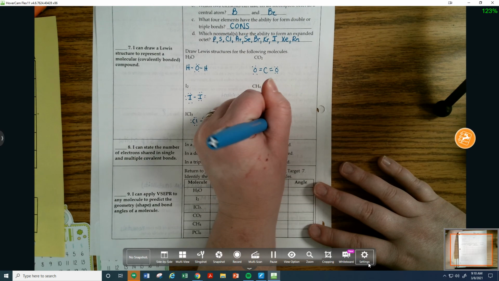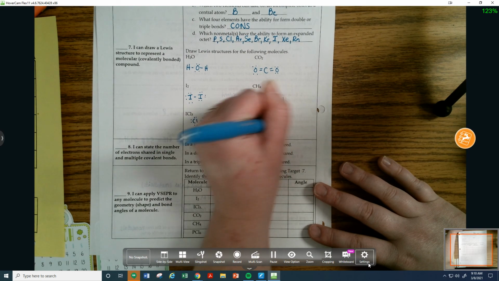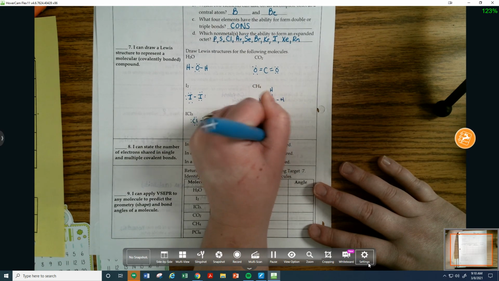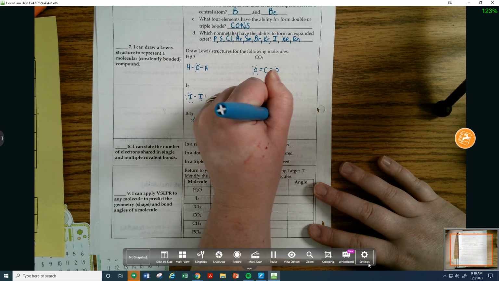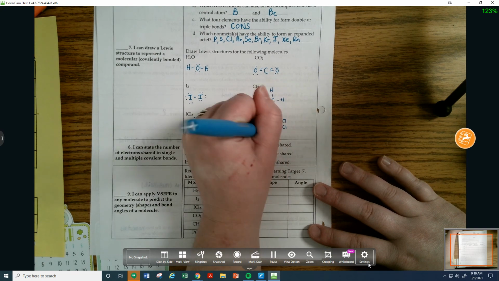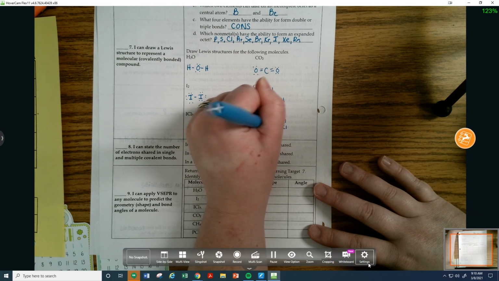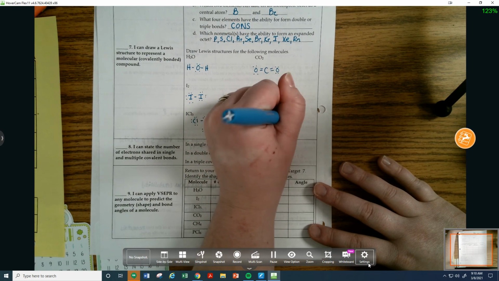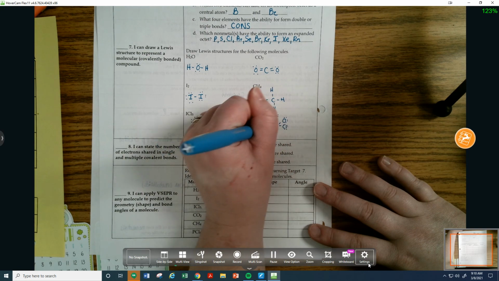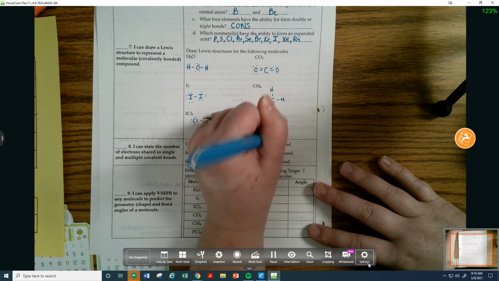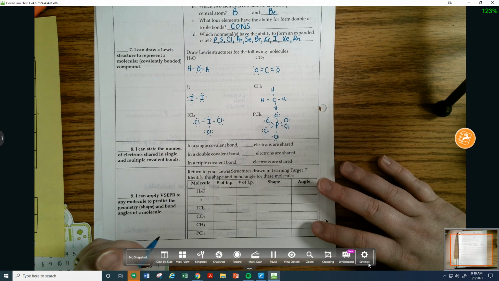And then phosphorus hexachloride should be surrounded by 6 chlorines, and you will have enough electrons to then complete the octet on any outlying elements. And it's all set.